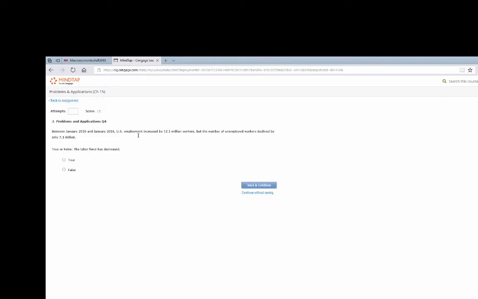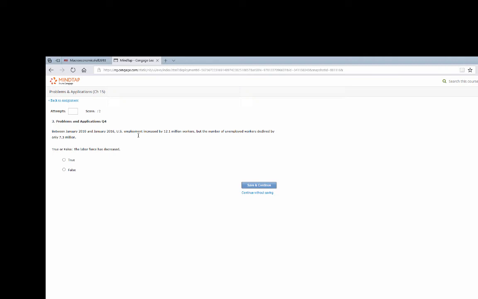Okay, what's question 3? Question 3 is trying to get you to actually just think about this. It says, between January 2010 and January 2016, U.S. employment increased by 12.1 million workers, but the number of unemployed workers declined by only 7.3 million. This is a true or false. The labor force, it says, decreased.